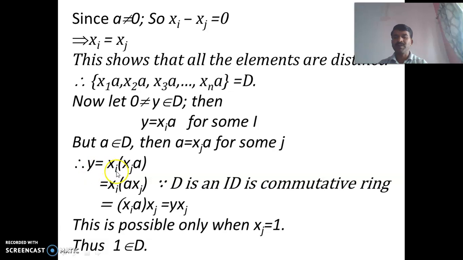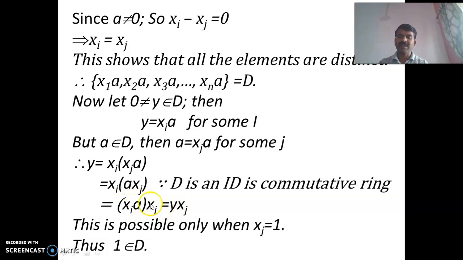Therefore we can replace a here by xja, and since D is a commutative ring, an integral domain being a commutative ring, we can write it as a xj, or xia into xj.